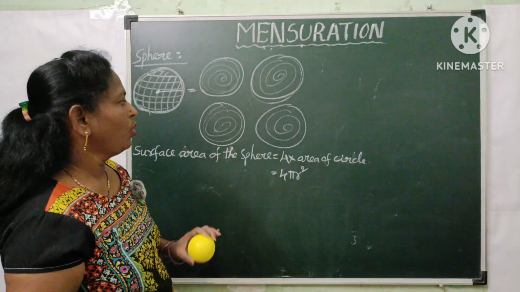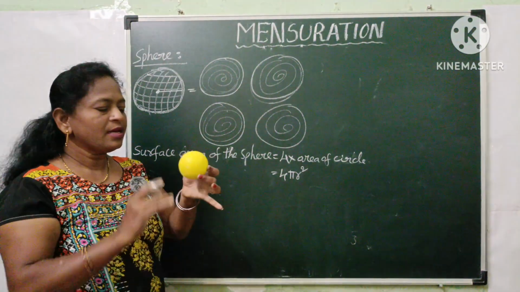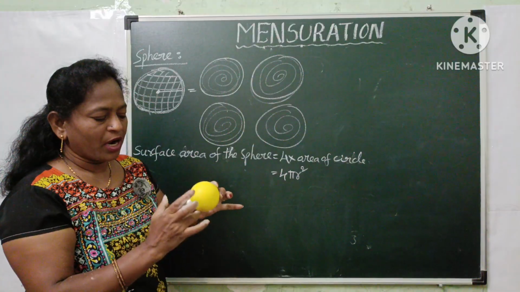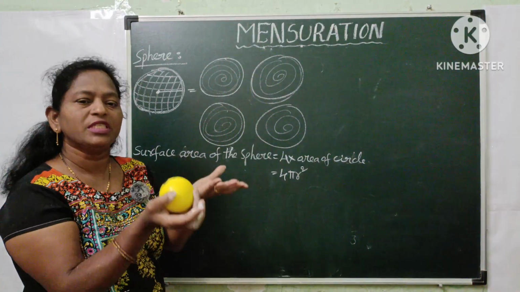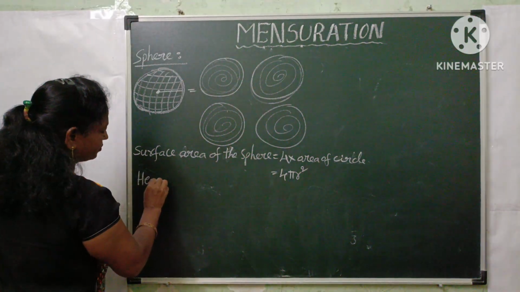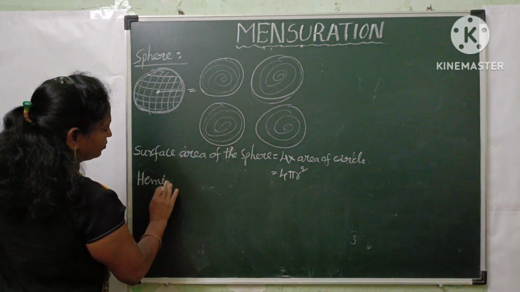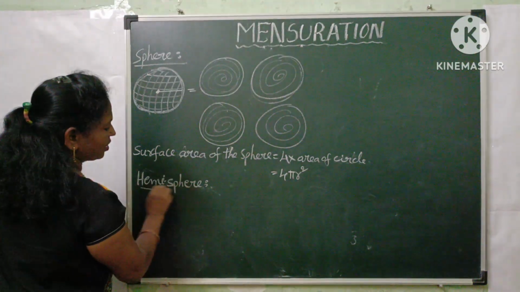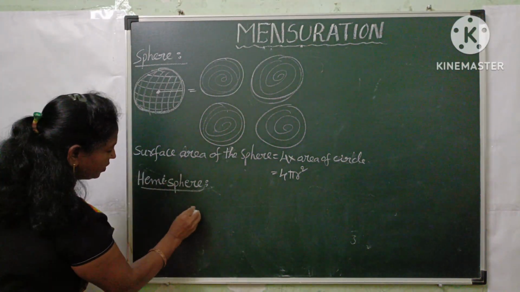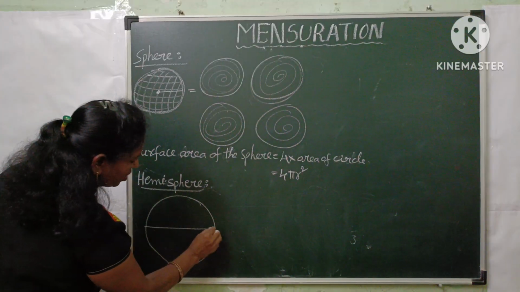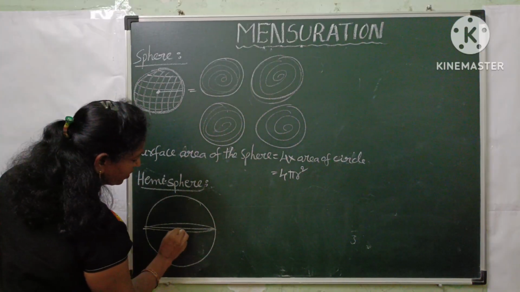Right? Now, if you cut the sphere into two equal parts, it becomes hemispheres. This is the sphere, not a circle.